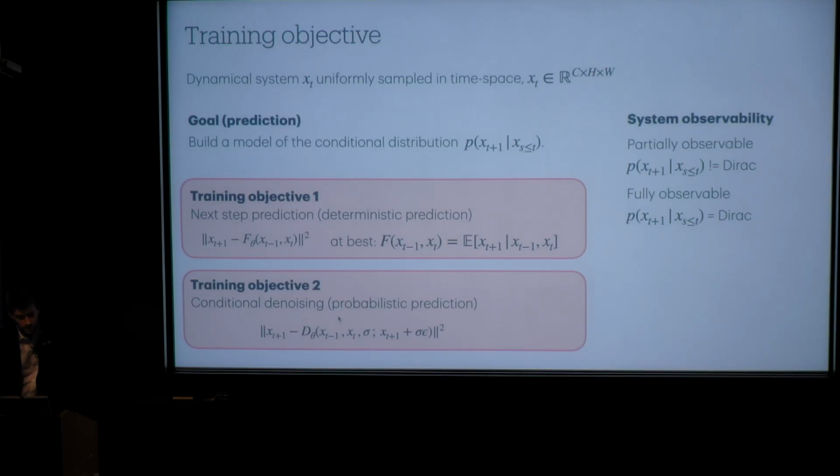So denoising, what you're doing in that case, so it's not a generic denoiser that I present here, it's a conditional denoiser. So you have a D theta, that is now your backbone architecture. Theta is your parameters. You give it the past as a conditioning, x t minus 1, x t, just like here. You give it also the data in the future that you have noised, and you ask the model to denoise it.